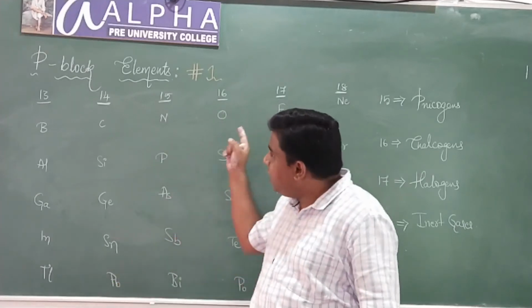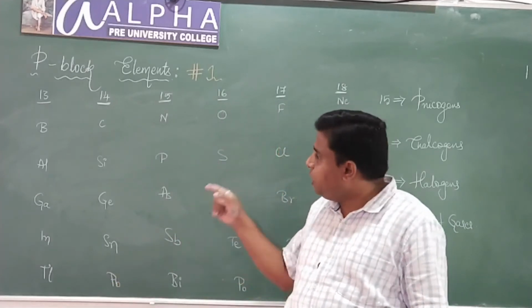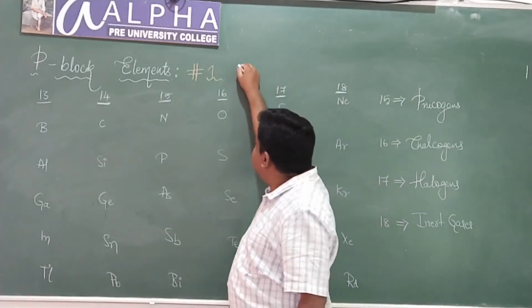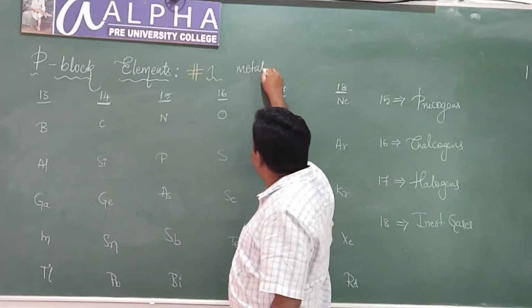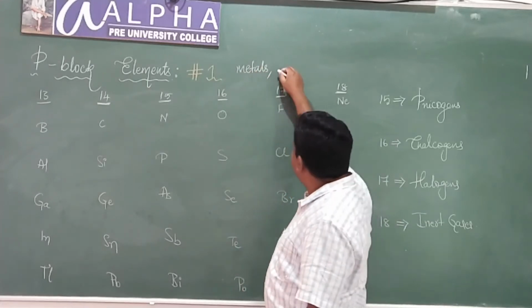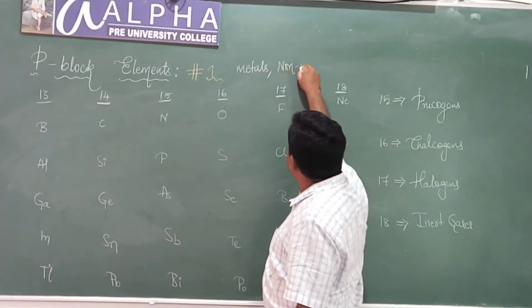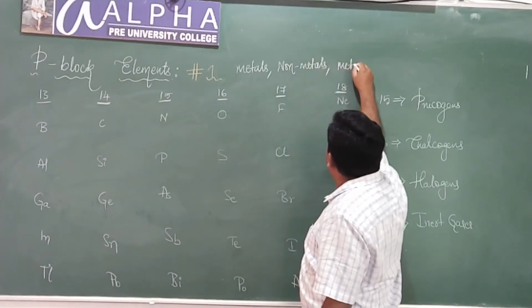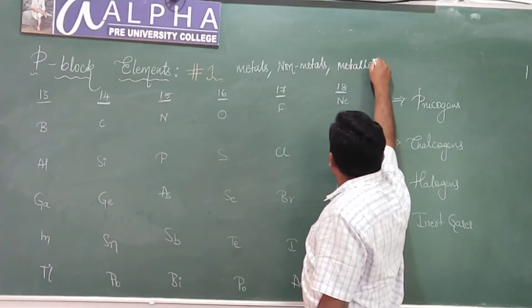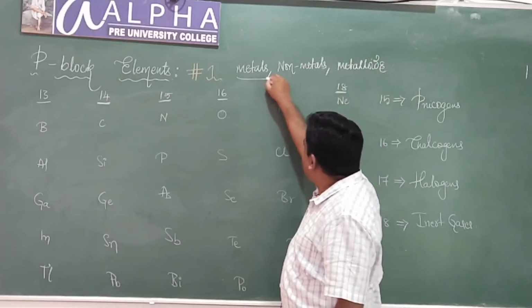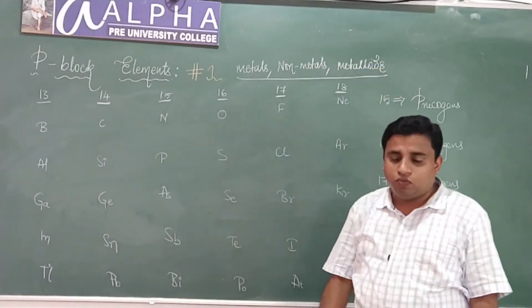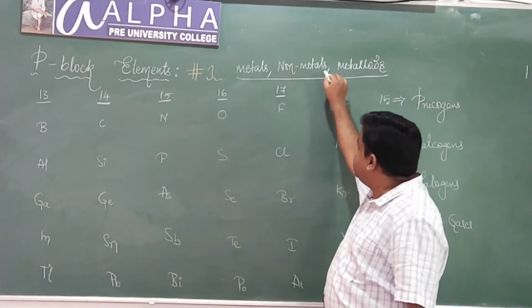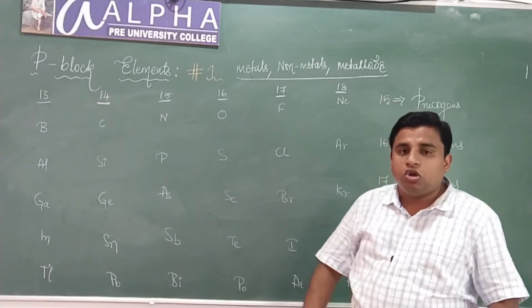It is only in the p block that we find metals, non-metals and metalloids.